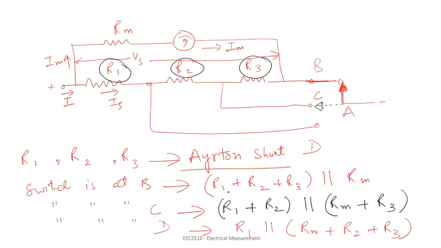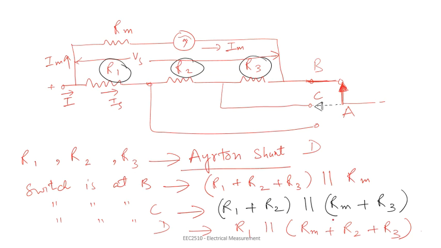So when switching between the shunts, we have to make sure that a shunt remains connected in the meter circuit. It should not happen that in between the instants of switching from one to another there is no shunt. This Ayrton shunt type of circuit ensures that at any time there will always be some shunt resistance connected in the circuit.